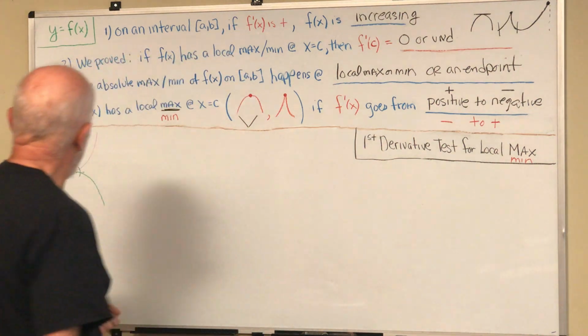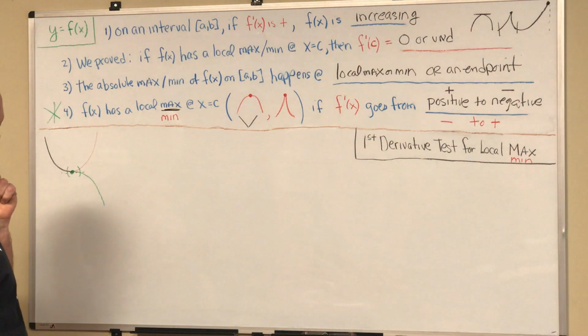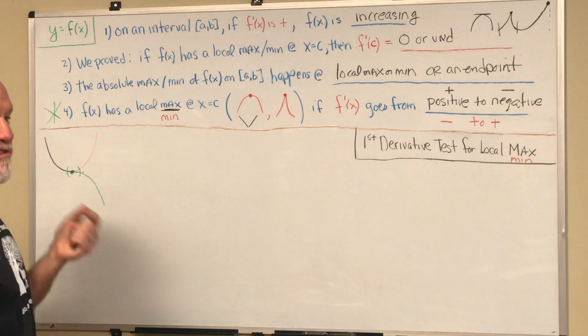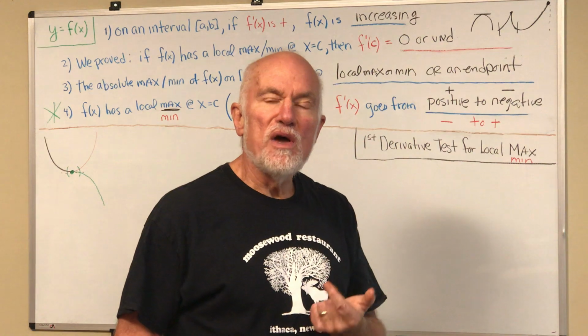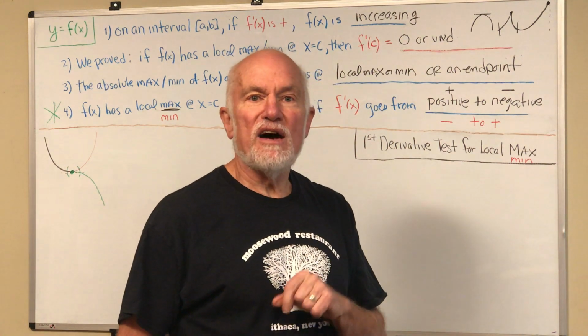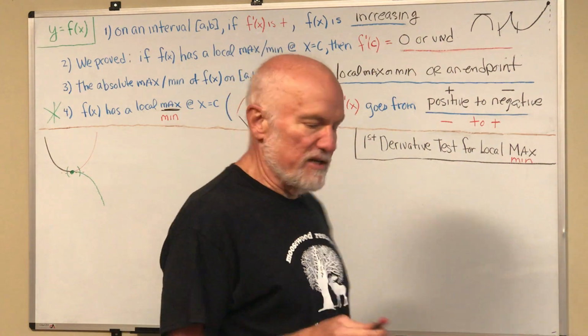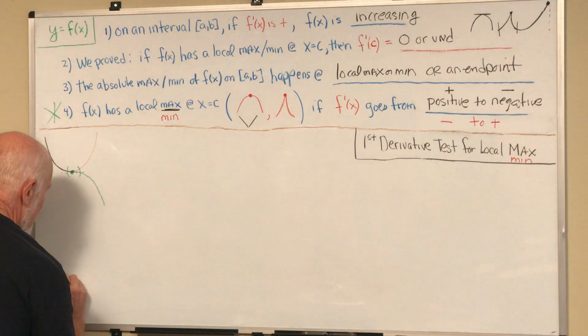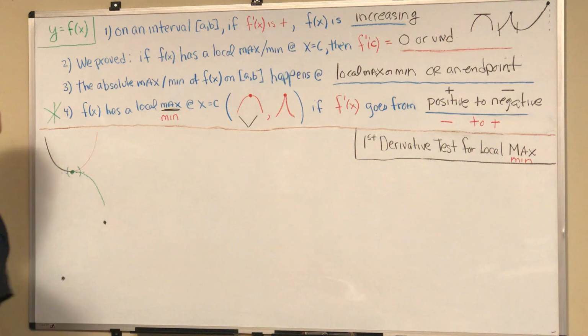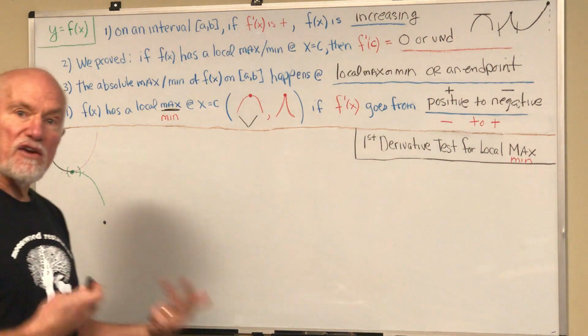Okay, well, having said that, besides local maxes and mins, is there something else that would really be nice to know about the graph if we're trying to find out what it looks like so we can sketch it? What if I just took 2 points from here to here, and I was trying to sketch that graph?